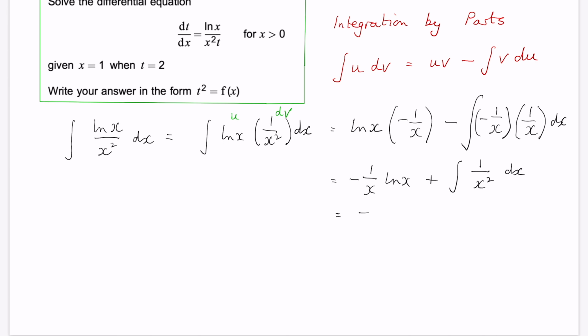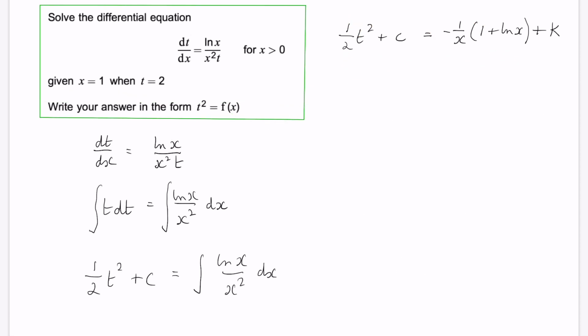So, minus 1 over x log x minus 1 over x plus a constant of integration. I've already used c, so we'll have k this time, and we'll finally tidy that answer up to minus 1 over x into log x plus 1 plus k.